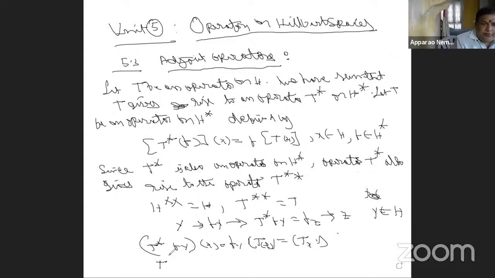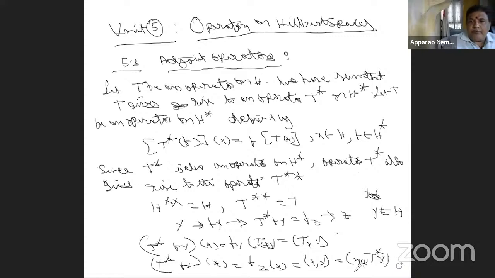So T star f of y of x equals f of z of x, which equals x comma z, which equals x comma T star y. That means T of x.